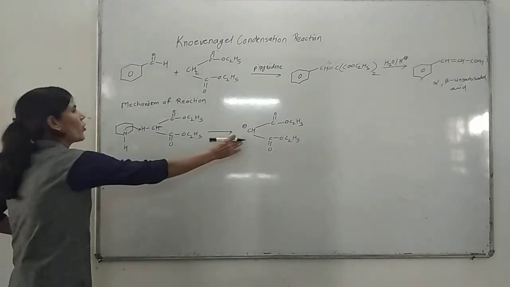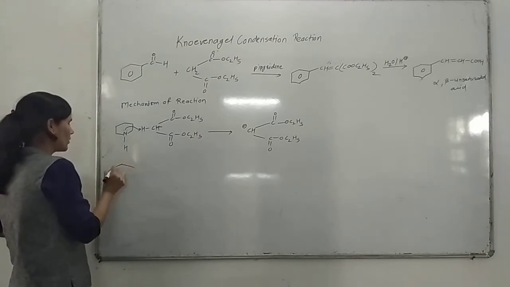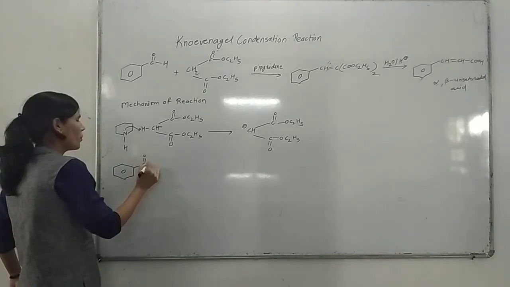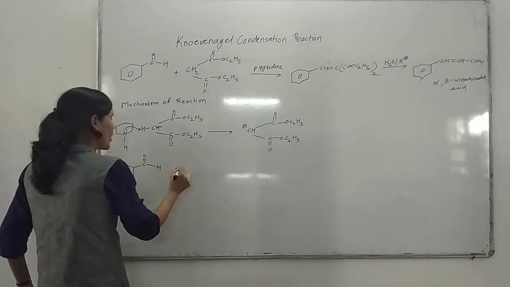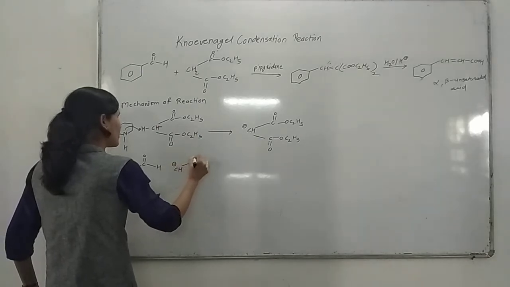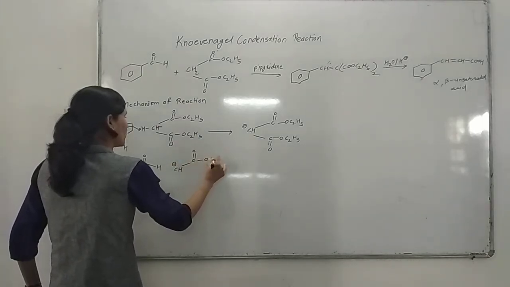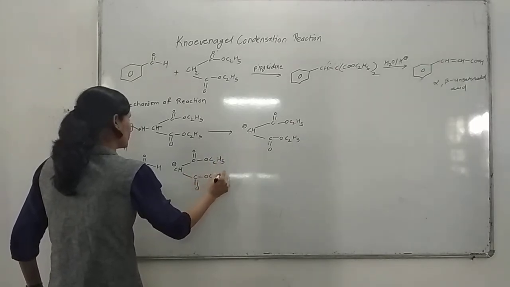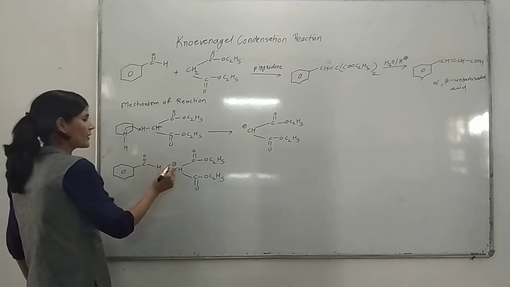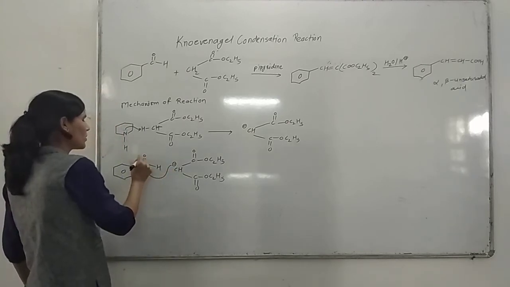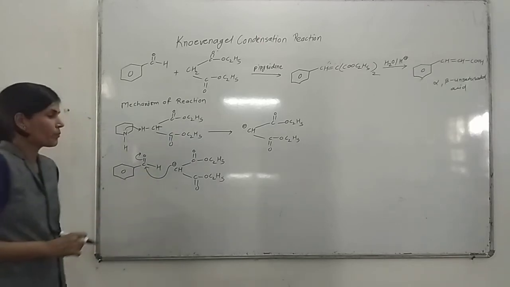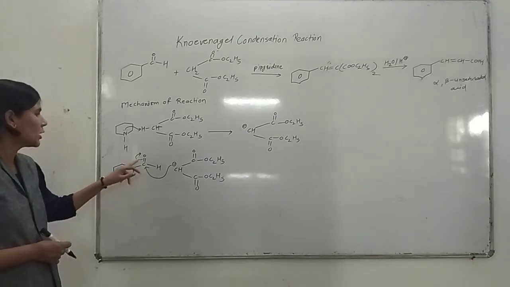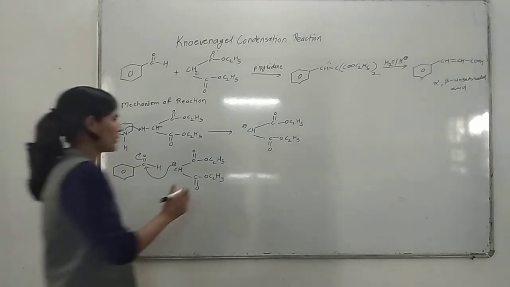In the next step, this carbanion attacks the benzaldehyde molecule, that is the carbonyl carbon of benzaldehyde. As this carbanion attacks the carbonyl carbon of benzaldehyde, the pi electrons shift onto the oxygen atom.